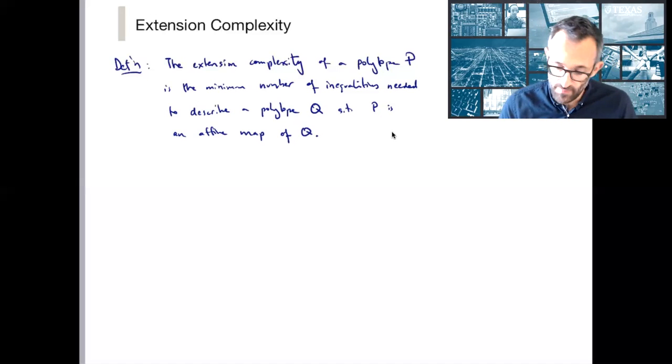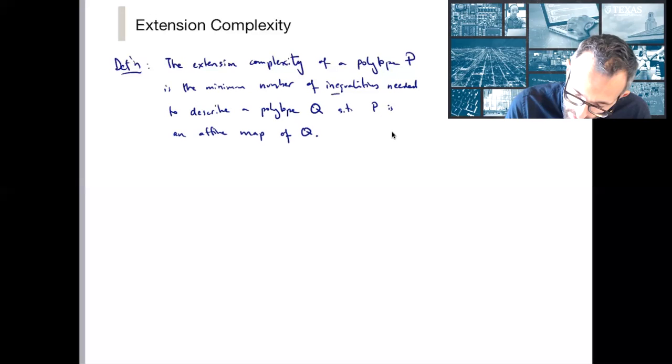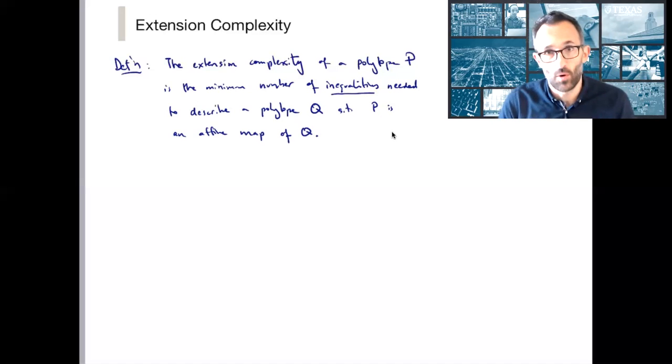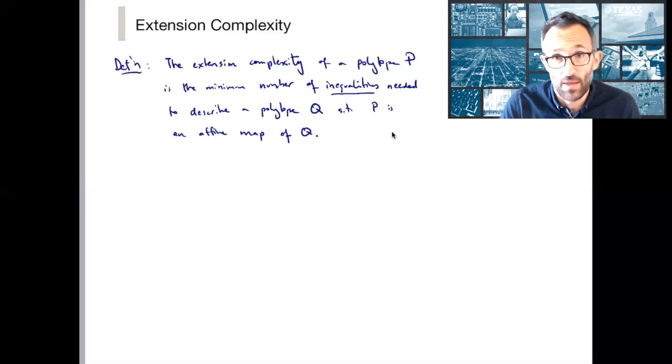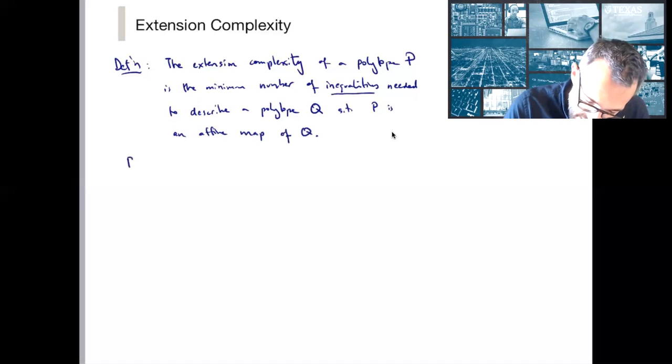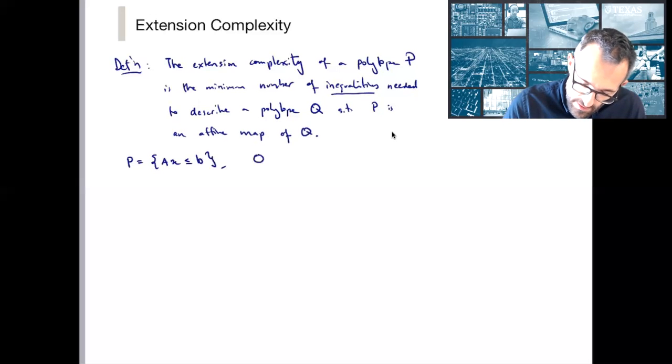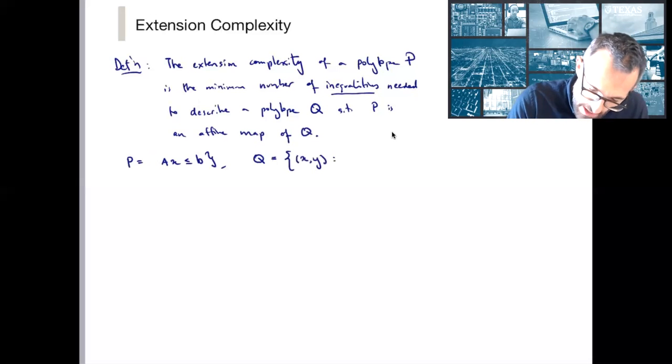So this is the extension complexity. And a few notes that we're going to talk about more. We're just talking about inequalities. So again, the canonical way to think about this is that if P is the polytope Ax less than b, then we're looking for a polytope Q that has more dimensions, x and y. Let me write it to exactly match the notation here.